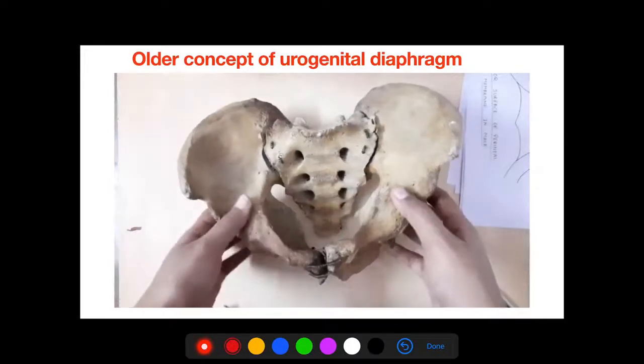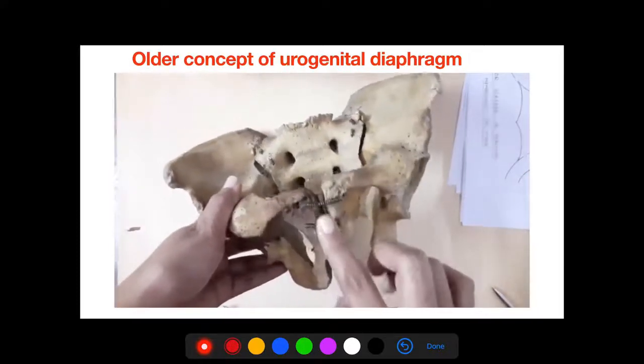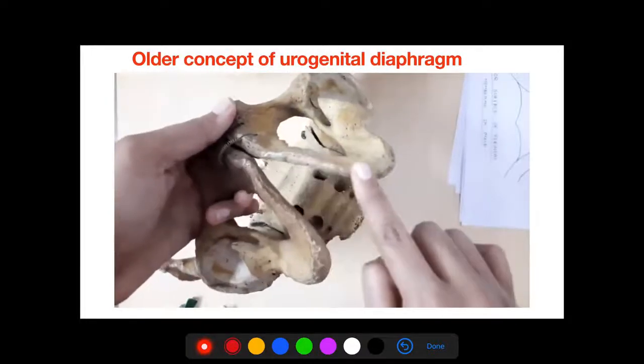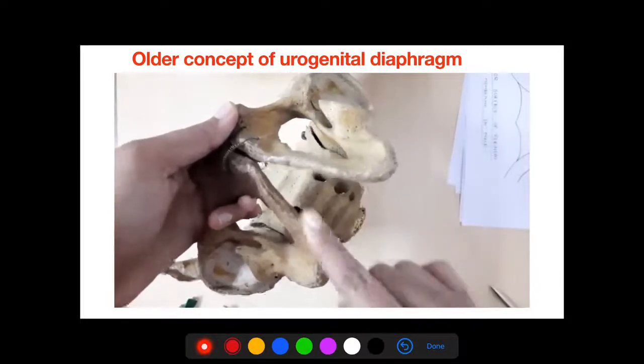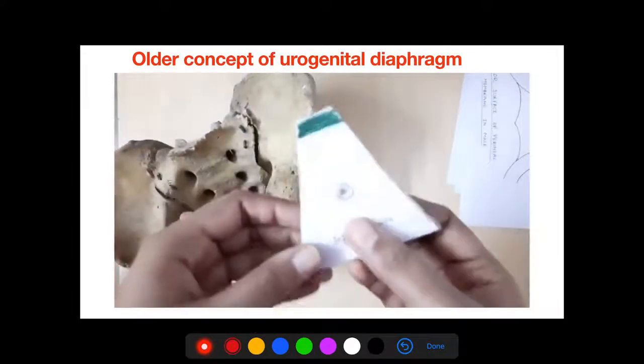Here you can see this articulated pelvis. This is pubic symphysis and the attachment of urogenital diaphragm here. Suppose this is urogenital diaphragm.